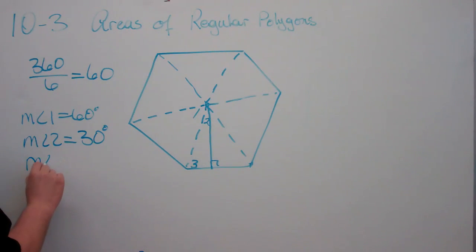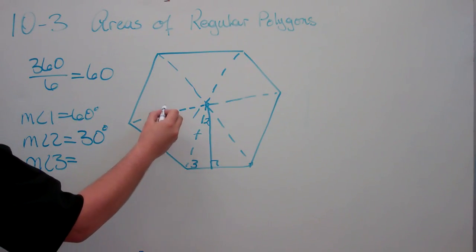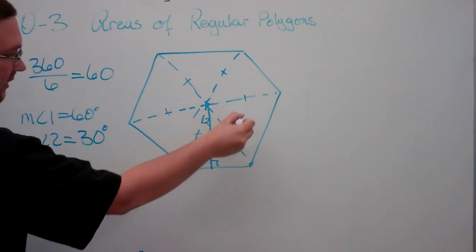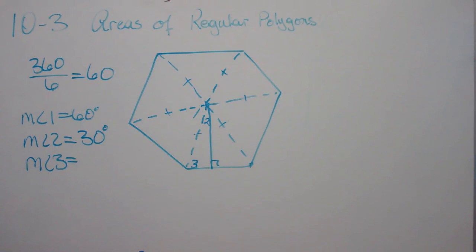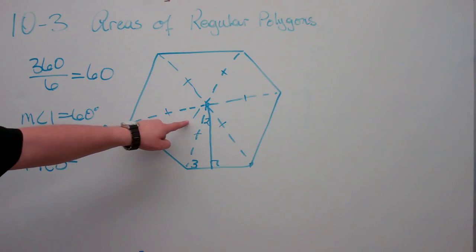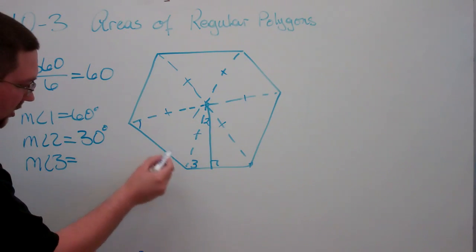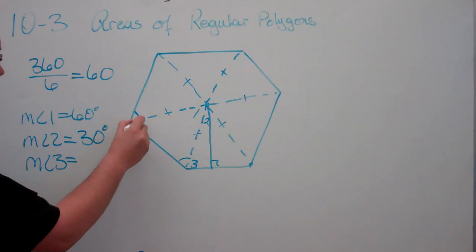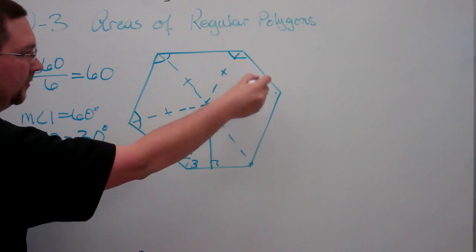Now, to find the measure of angle 3, here's the easiest way to do it. These 6 triangles that were made here are all isosceles. So since we know this angle, we know that these two are going to be the same measure, as well as all the way around.